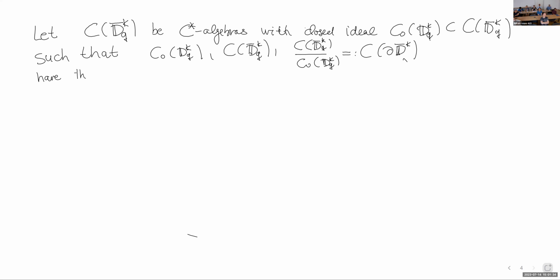Exactly, but you take correspondences and I take C-star pullbacks. You are even more general. What do you mean by the same K-theory? Same K-groups.